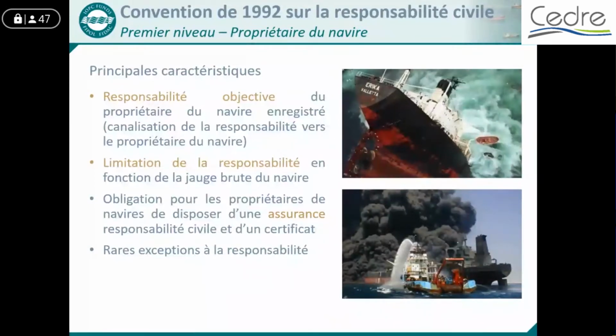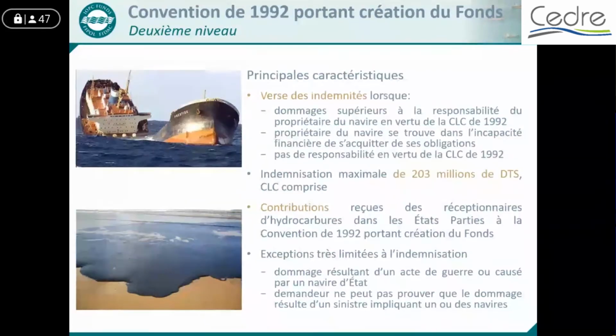Now, depending on the size of the vessel and its gross tonnage, there's a limit on the insurance. And then there are some aspects to the liability, for example, terrorist acts, which won't necessarily be covered.